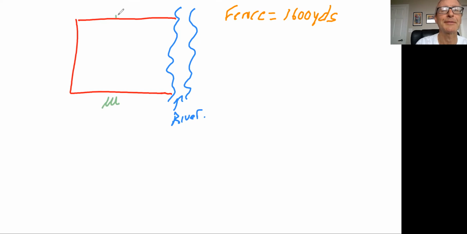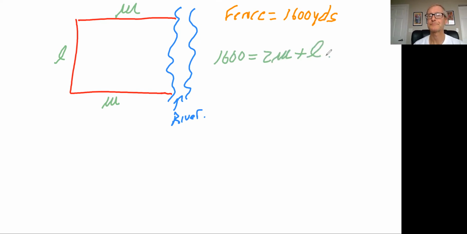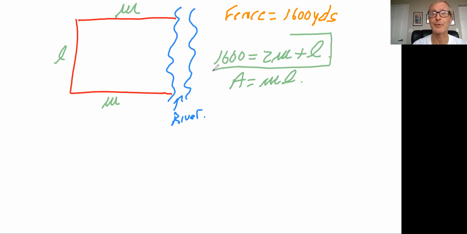Then this side has to be W, and we only have one L. And so when you set up the perimeter equation, you would get 1,600 equals 2W plus L. And the area is still the area. It's the width times the length. So again, when we do our calculation, the first thing we do is solve for one of the variables with the perimeter equation.